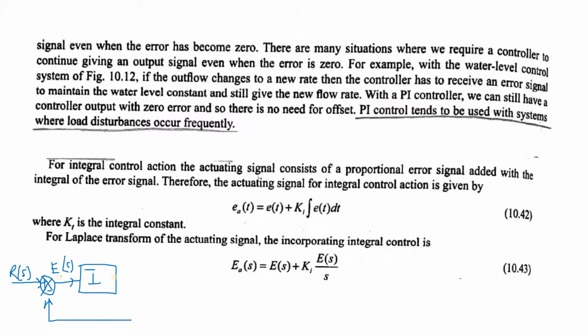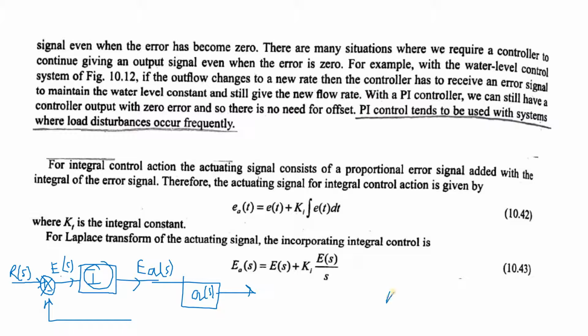Suppose this is the I controller, only I. Input is entering over here, and then we are getting this output E_a(s), which is going inside the forward path transfer function G(s).